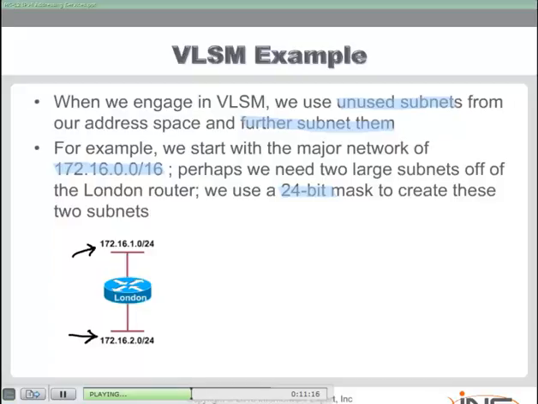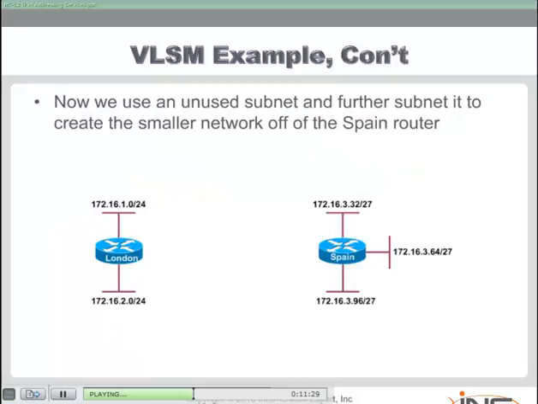254 hosts. Great, in each of those segments. So we need 2 large subnets off of those routers. So the /24 does great. It accommodates 254 hosts in each of those sections. Now we have taken one of our unused subnets, that's the 172.16.3, and notice we have further subnetted it with a /27 mask over on the Spain router.